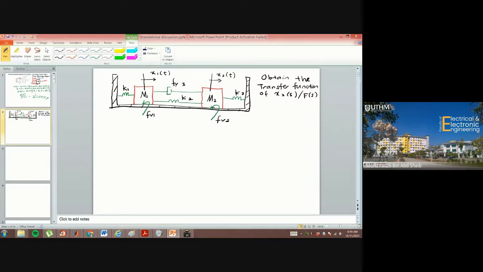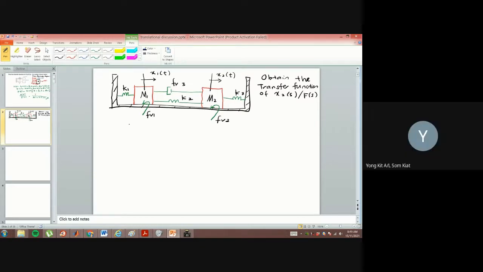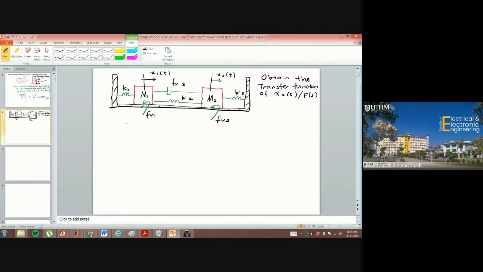You can see this diagram, right? M1 and M2. Yes, we can, doctor. This is the force of M1 due to the motion of M1. Maksudnya M1 tu yang move, right? Force of M1 due to the motion of M1.